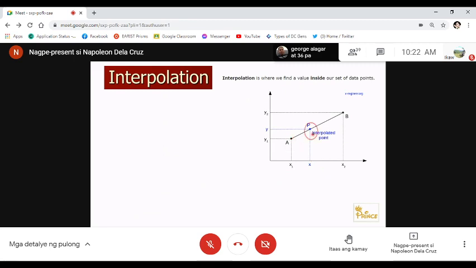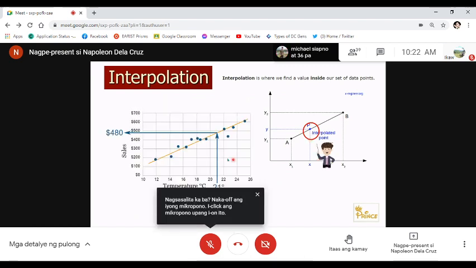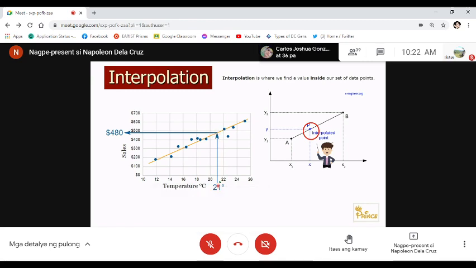So let's say, for example, this one, we want to get the value here. Let's say we have 21 degrees centigrade. What will be now the relationship of this 21 degrees with these points?